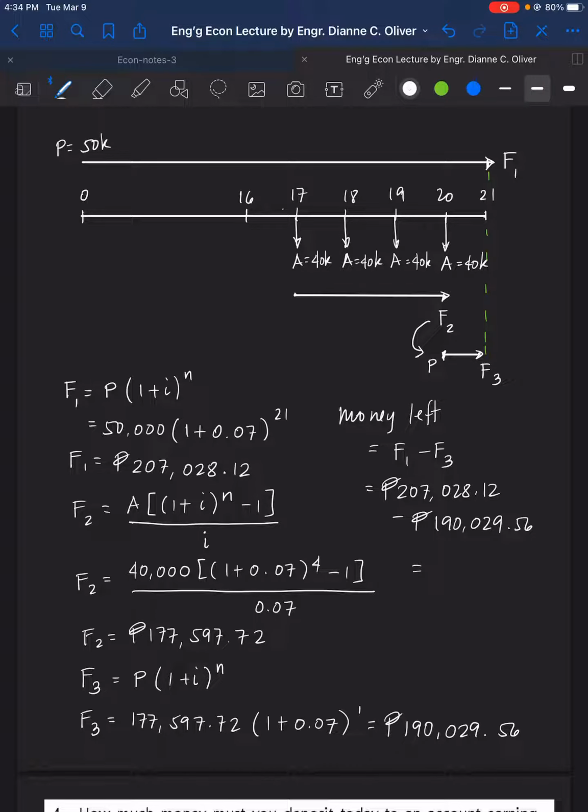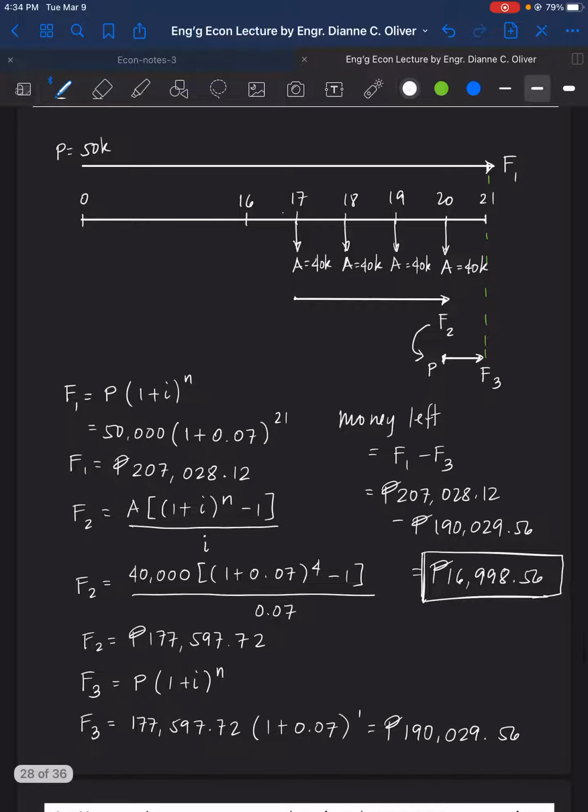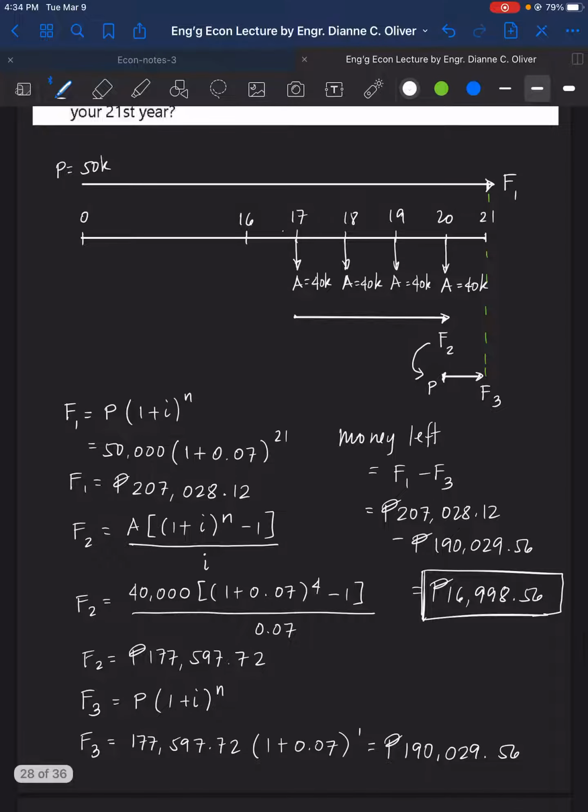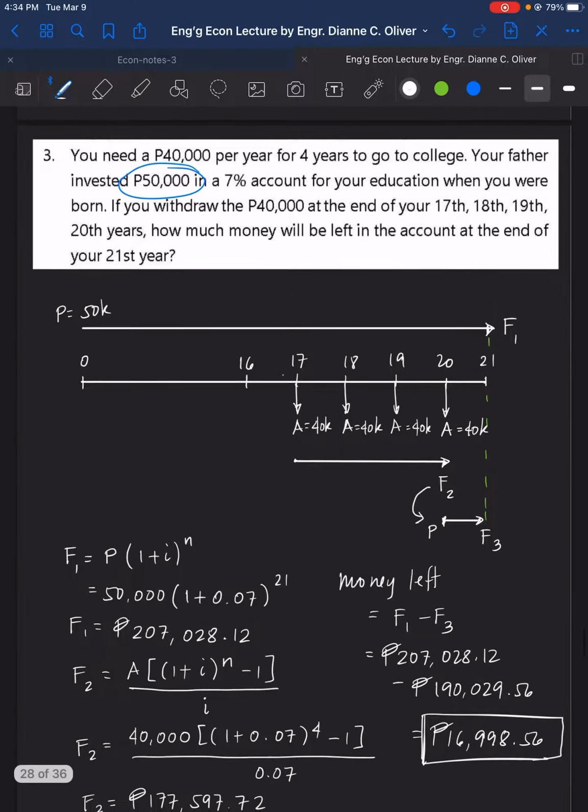Money left is now equal to 16,998.56 pesos for you to find a job. So that's how much money you have left after your graduation to celebrate or to find a job. Okay, so that is example number 3.